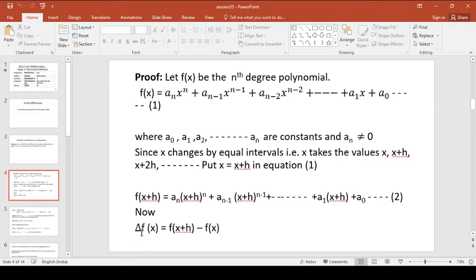Now the forward difference of f of x is nothing but f of x plus h minus f of x.